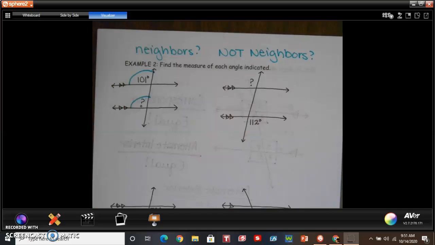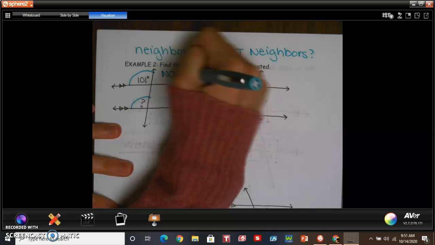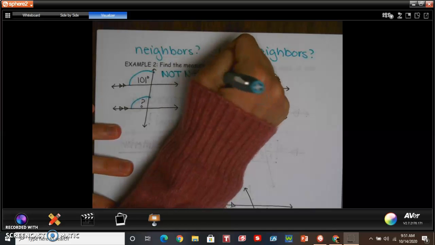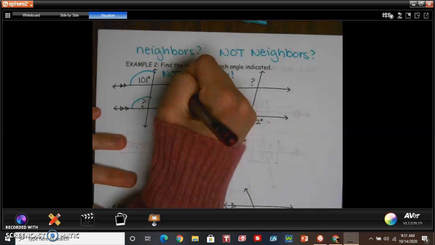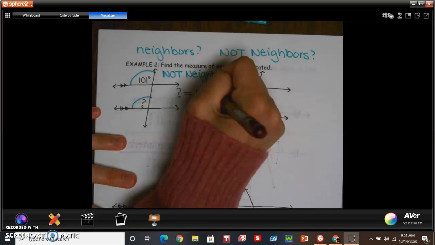Here's the angle we know. Are they neighbors or not neighbors? And what I mean by this is, are they right next door to each other? Well, they're not. They are not neighbors. So the rule is, when they're not neighbors, they're equal. So we can say that the question mark is equal to 101.